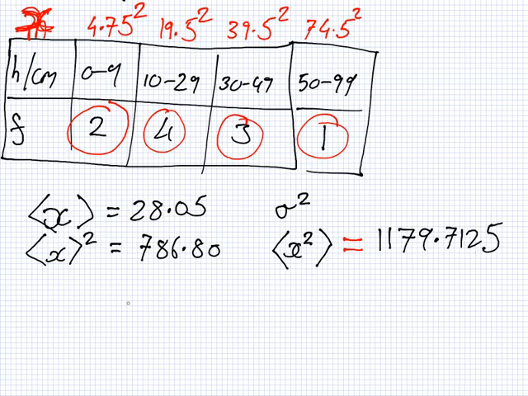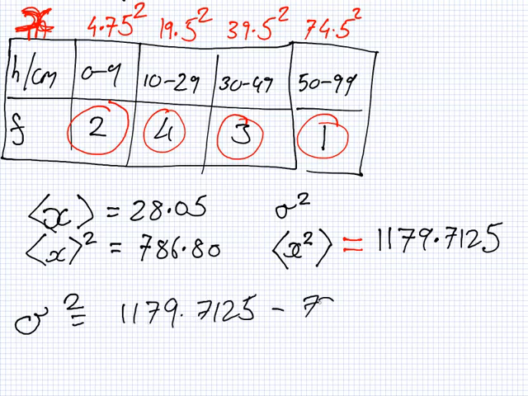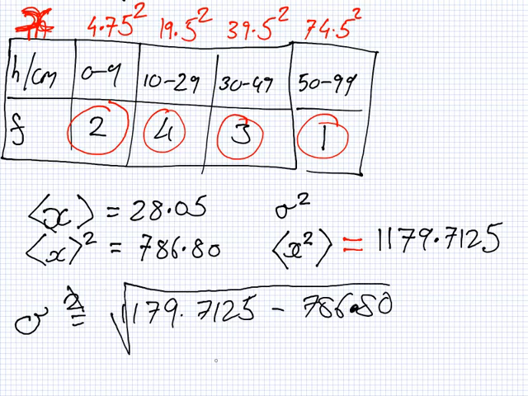Yeah. So we have sigma squared is 1179.7125 minus 786.80. Did you forget to divide by 10? Oh, I think yeah.